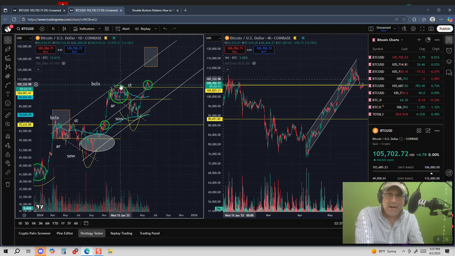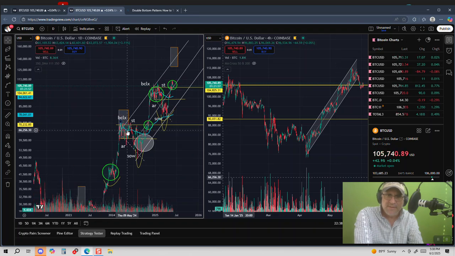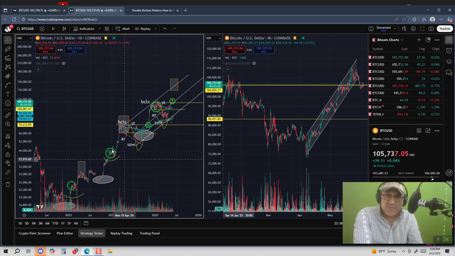Now, the green circles here, this big green circle is the 618 from the white oval here. So that's a 618 fib. And this here is a 618 from this oval here. I went ahead and did the Fibonacci extensions.